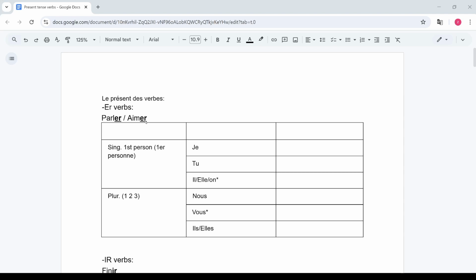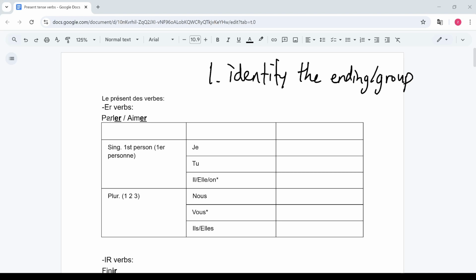In order to conjugate any regular verb, there's a set pattern that we must follow. The first step is to identify the ending or the group of the verb. For this specific group, we are looking at ER verbs.